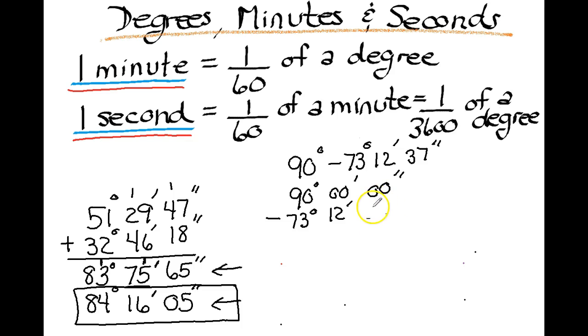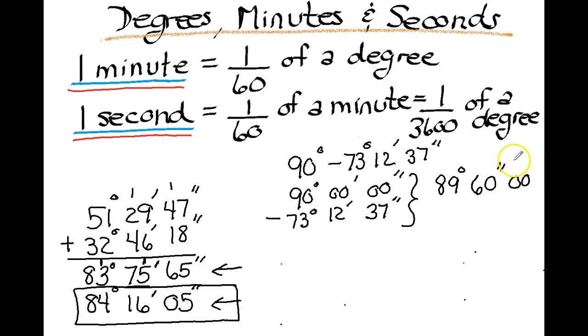So what do we do? Well, we do the same thing that we typically do with numbers. We're going to change this so that we have numbers in the right column. We're going to regroup. We're going to take 1 degree out, and we're going to change that 1 degree into 60 minutes.